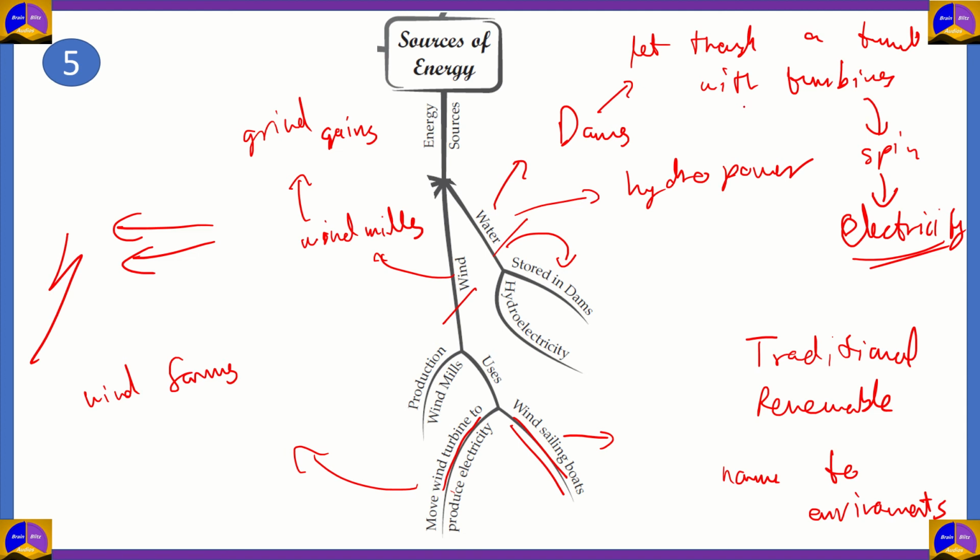And flying birds as well as insects would be harmed because of the action of wind turbines, which spin really fast. So these energy sources do not pollute the environment. They are renewable, but they do pose a threat to animals and other organisms in the environment.